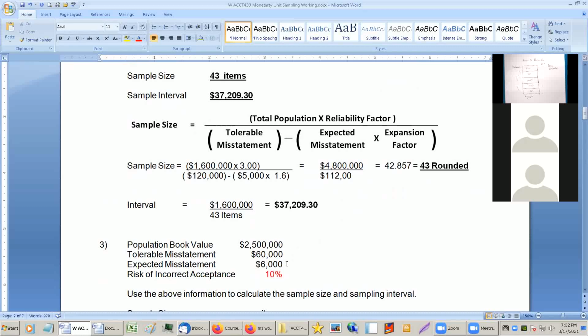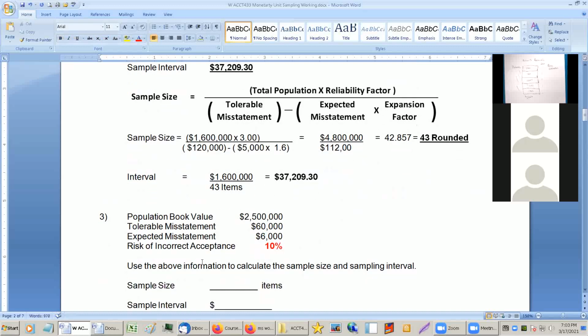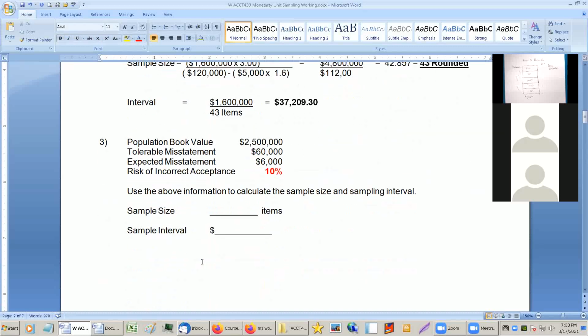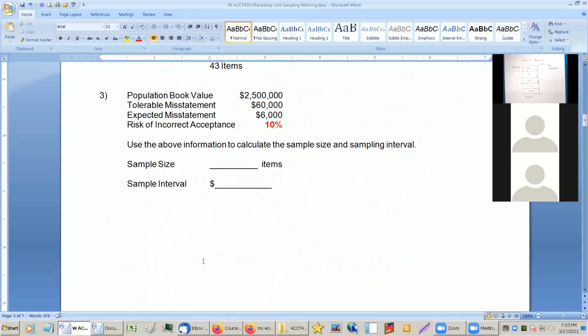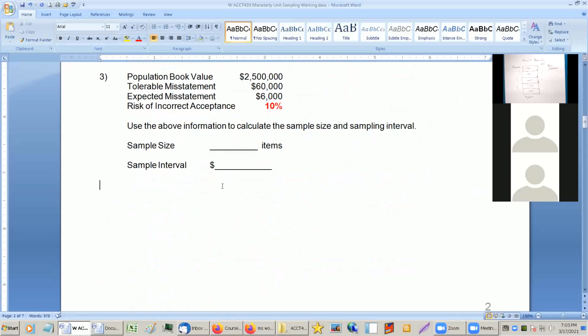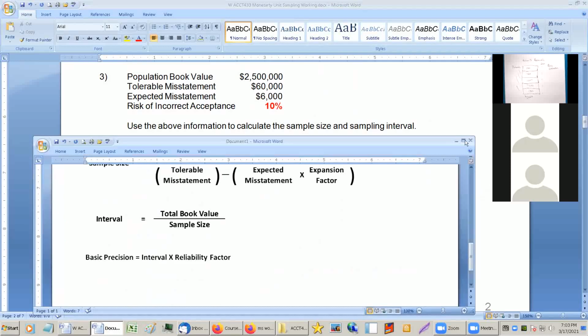It's 10 instead of 5. I know what I'll do. You guys are working on that.